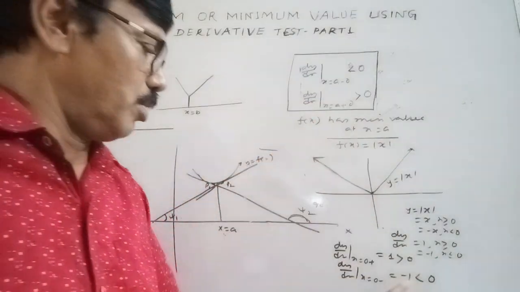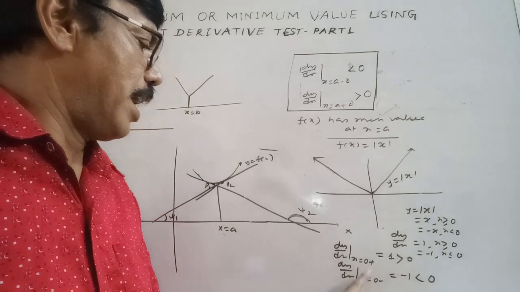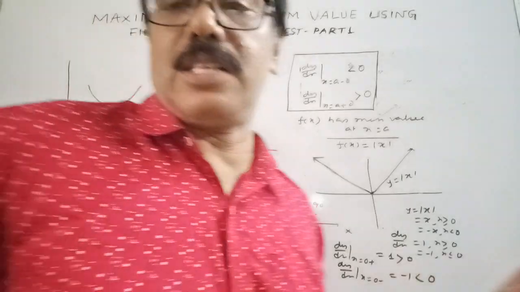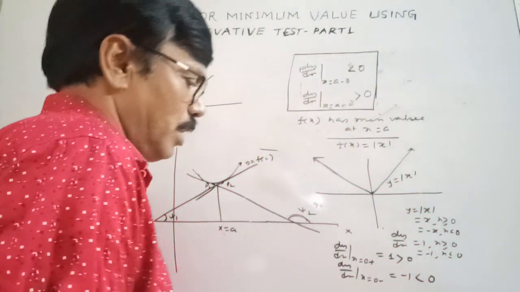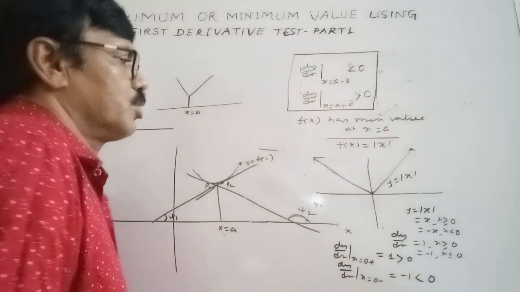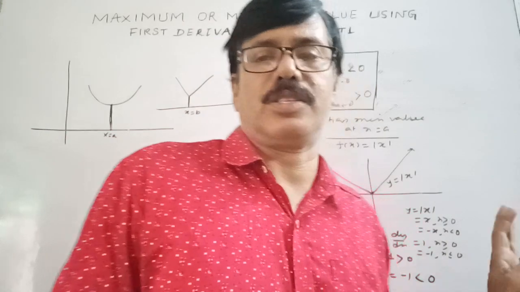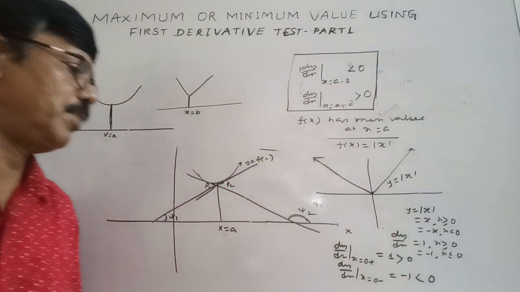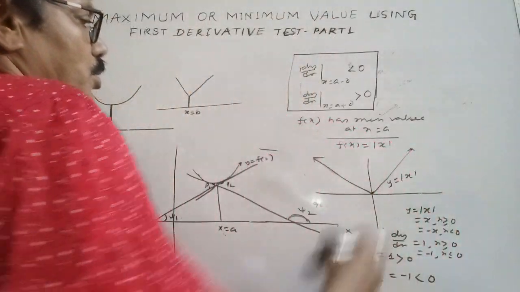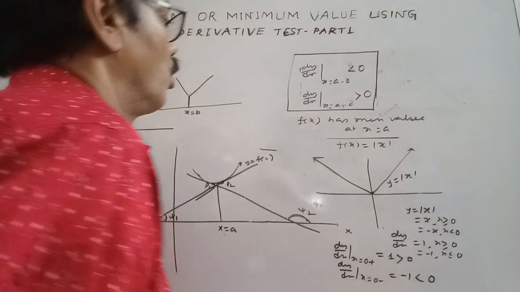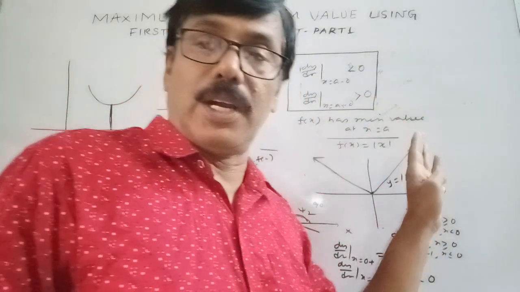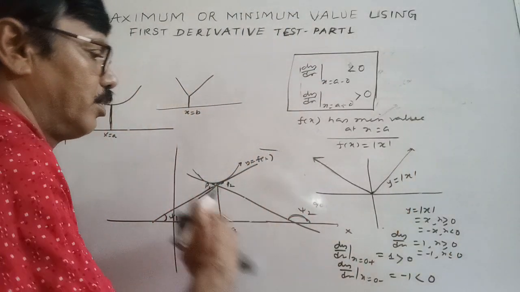At 0 minus it is negative, at 0 plus it is positive. So dy by dx changes its sign from negative to positive at 0 minus and 0 plus. So from the first derivative test, you can say f(x) has minimum value at x equals 0. So this is our working. If you forget this, for 0 plus or 0 minus, you draw the graph and it will be clear.